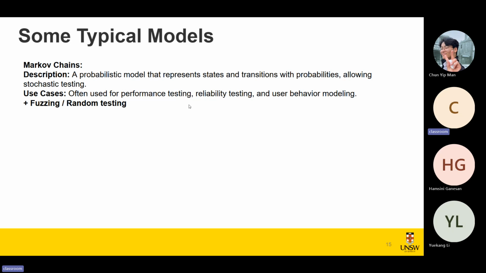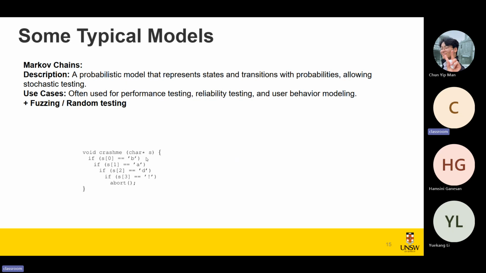This is often used for fuzzing, which we will be using in our assignment tool. Markov chain, as I just mentioned, is a model that comes from the source code. And why can we model a piece of code as a probabilistic model?